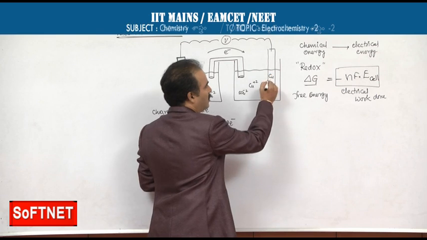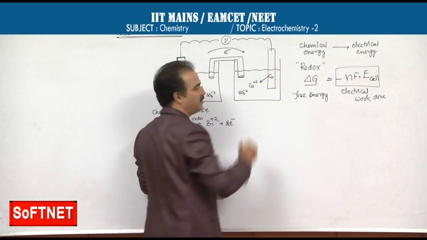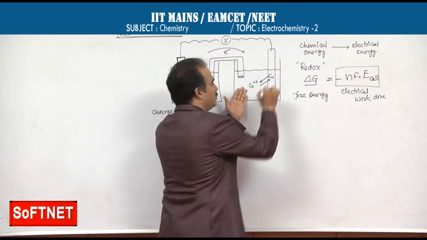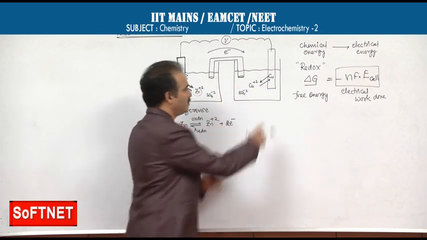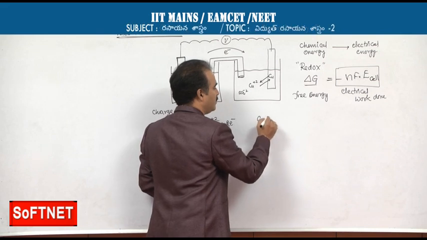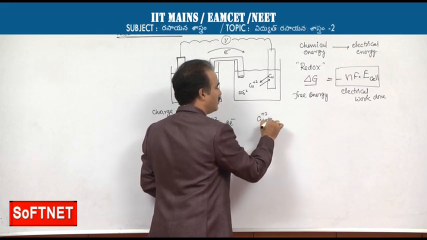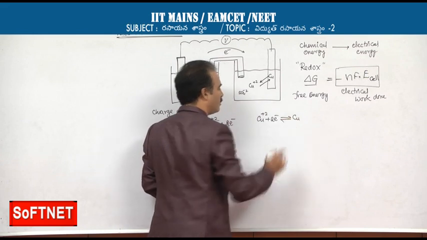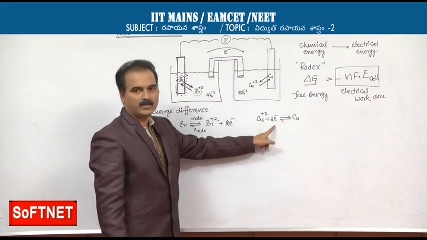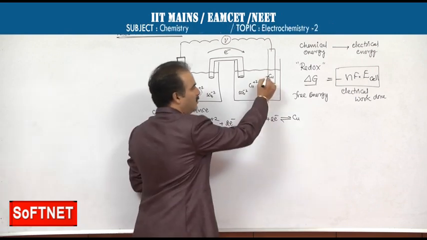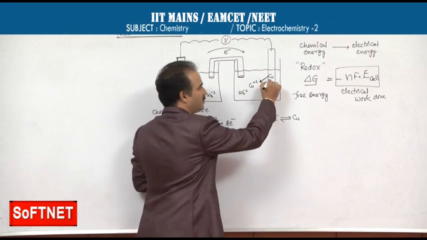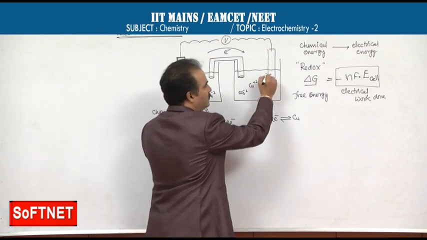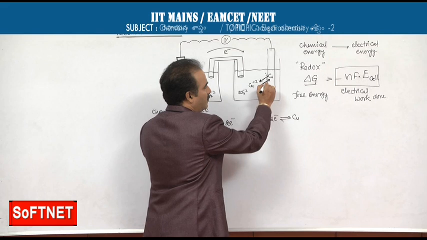Similarly, here copper undergoes dissolution into copper +2, and copper +2 deposits as copper. So, here also we can see two reactions. Copper +2 plus 2 electrons gives rise to copper, and copper gives rise to copper +2 and 2 electrons. Dissolution and deposition occur simultaneously at this electrode, with the loss and gain of electrons.